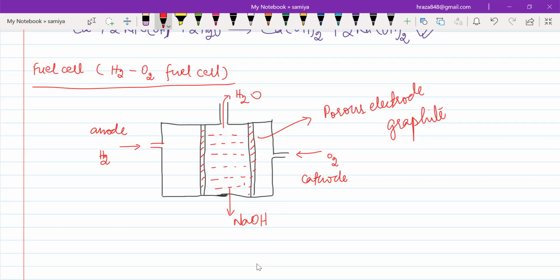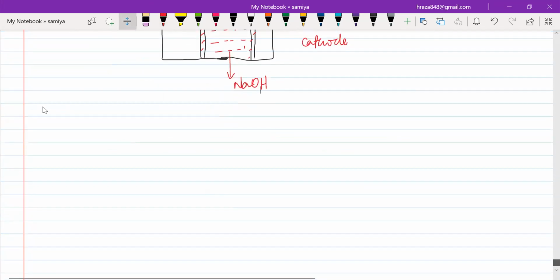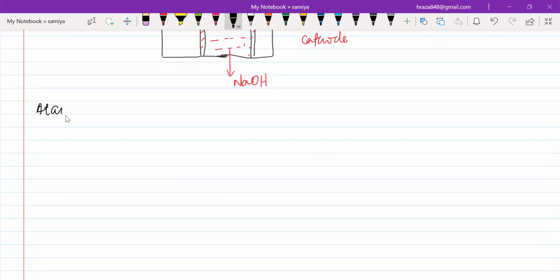Very good. Now there will be oxidation and reduction at anode and cathode respectively. At the anode there will be oxidation: 2H2 plus 4OH- will give 4H2O and it loses 4 electrons.